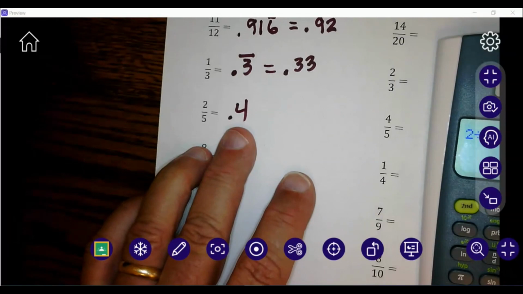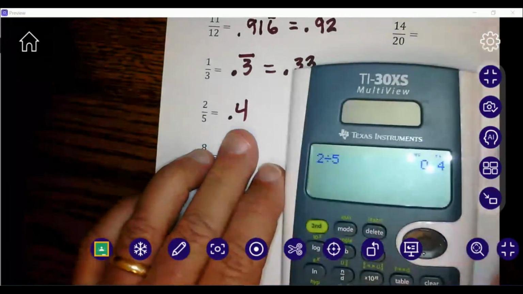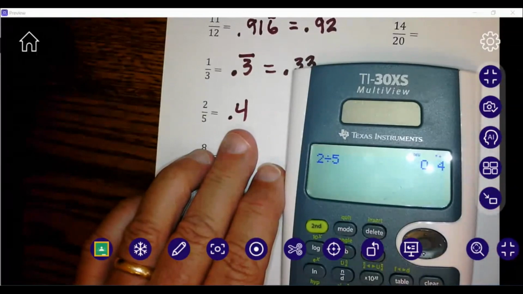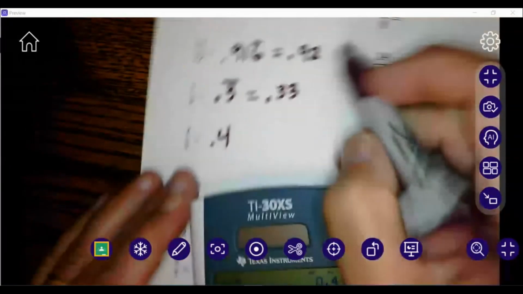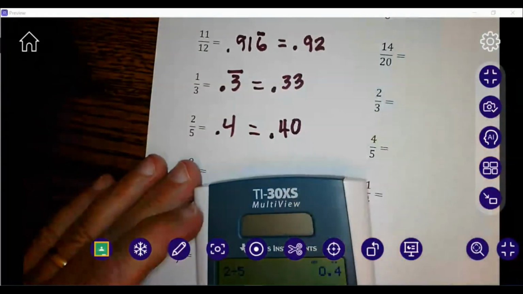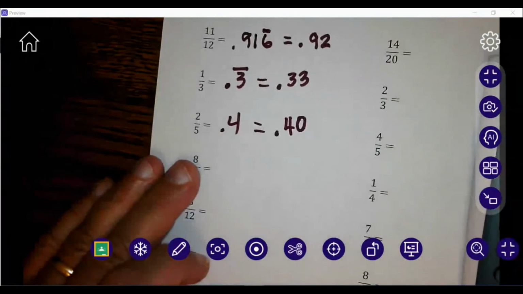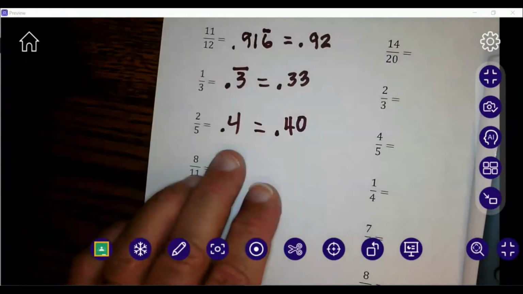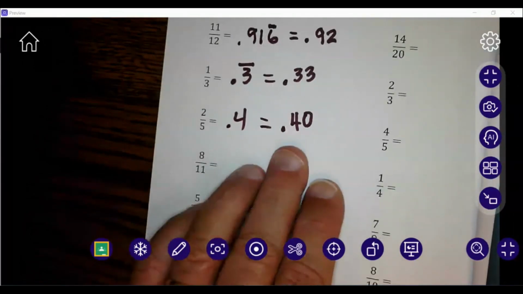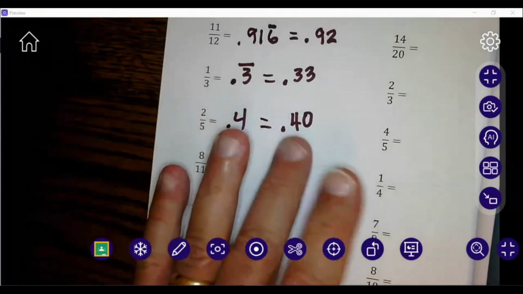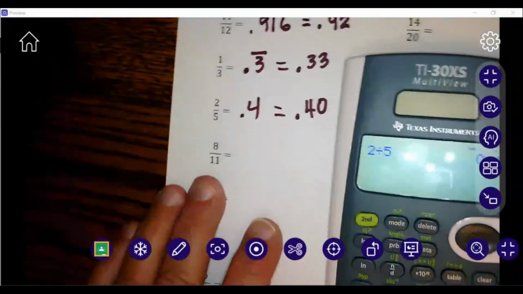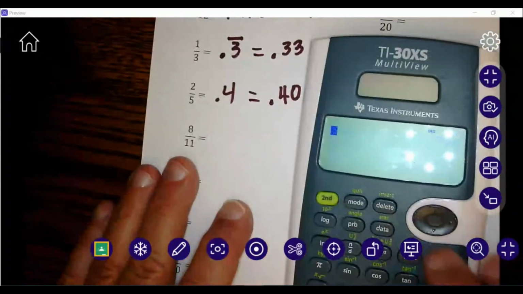There is no digit in the hundredths place for us to look next door. So if we're rounding this to the nearest hundredth, we should put a 0 on the end. Without being told to round it, it would be 0.4. If you're told to round it, then you've got to round it to the decimal place that it tells you to round it to.